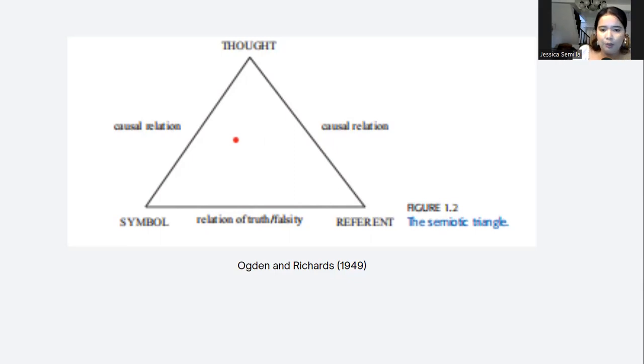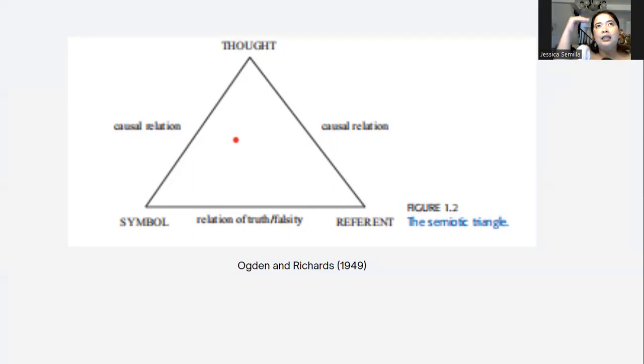When it is a symbol, we may refer that it is a culture, it is a tradition. So if I am Marinduqueño, I could refer that to the Moriones Festival, or I could refer to puto. And that's my thought. In short, your thought is your background knowledge from the symbol that you are looking at and referring to.